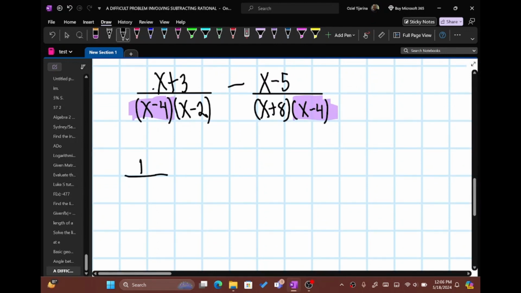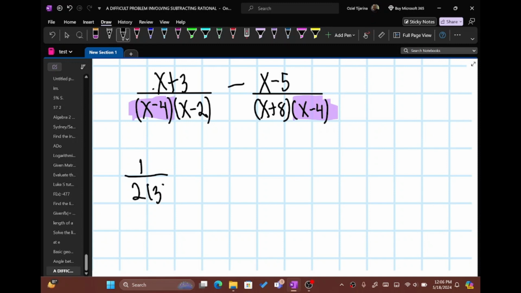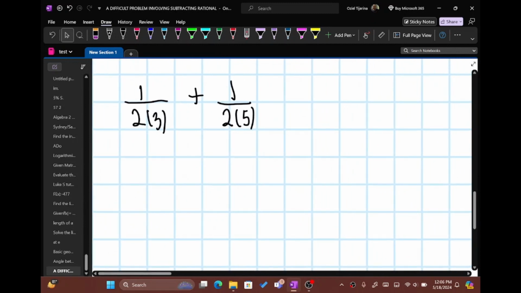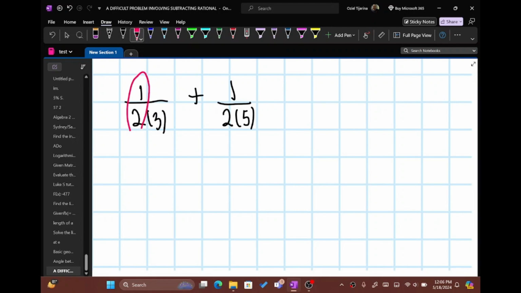When I talk about 1 over 2 times 3 plus 1 over 2 times 5, for example, I know that there's a 1/2 going on in both of these, okay? So that's 1/2 times 1/3 plus 1/5.